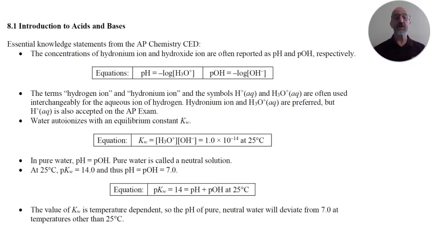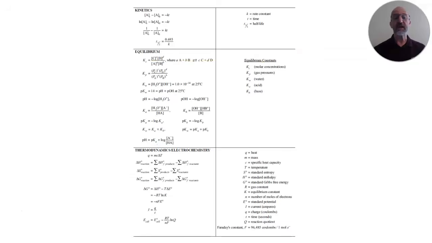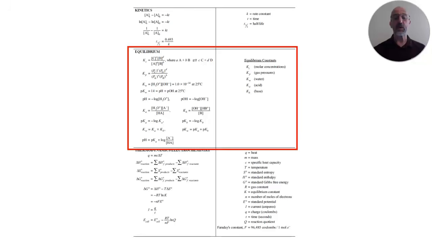Here are some essential knowledge statements from the AP Chemistry course and exam description. The concentrations of hydronium ion and hydroxide ion are often reported as pH and pOH respectively. And these equations are listed on the AP Chemistry equations and constant sheet. What you're looking at is page 2 of the equation sheet, and there is a section entitled Equilibrium.